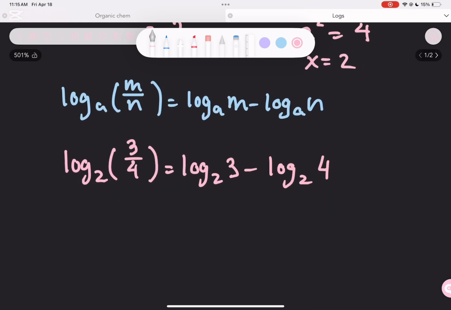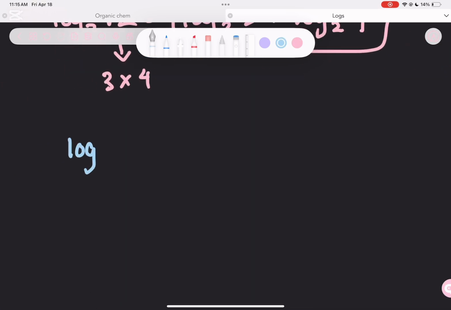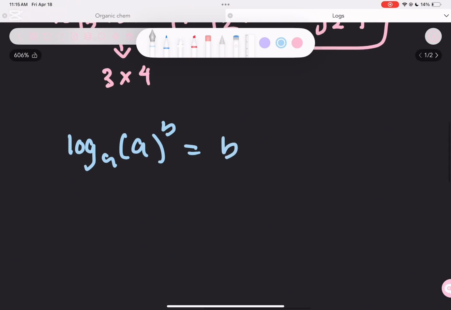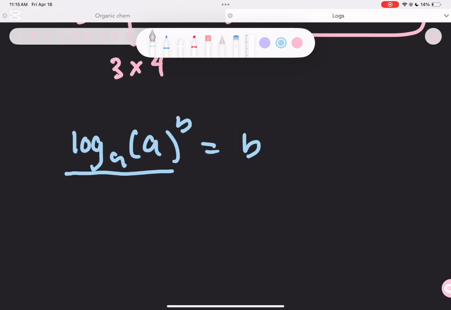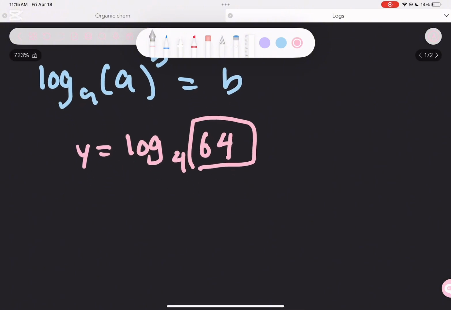And then you have this funny rule, I don't know what it's called, but it's essentially saying that log base a of a to the b is equal to just b. And keep in mind, log base a of a is equal to 1. To prove this, for example, you have y equals log base 4 of 64. You want to write this in terms of 4, because you want the base to be the same.